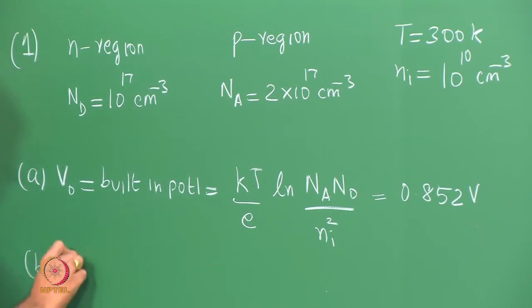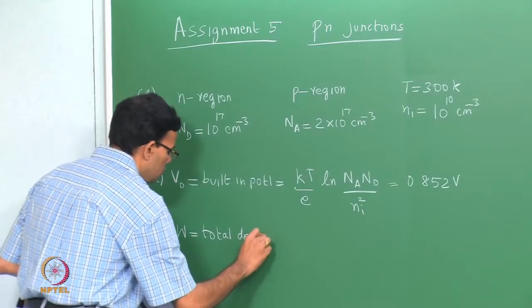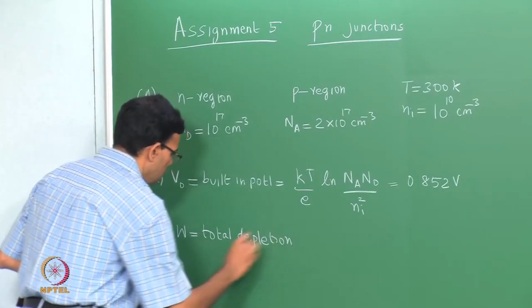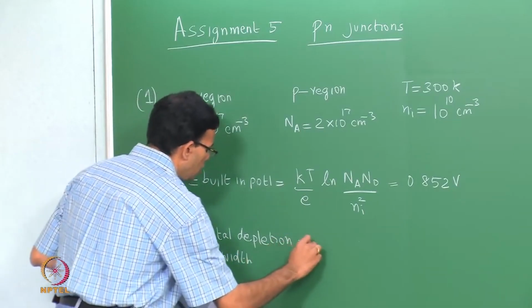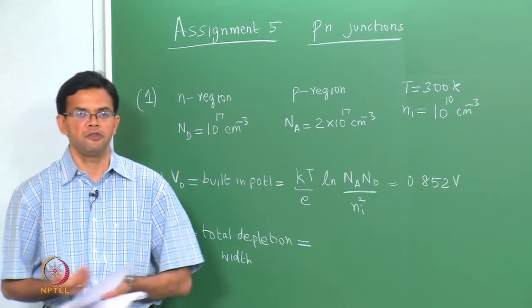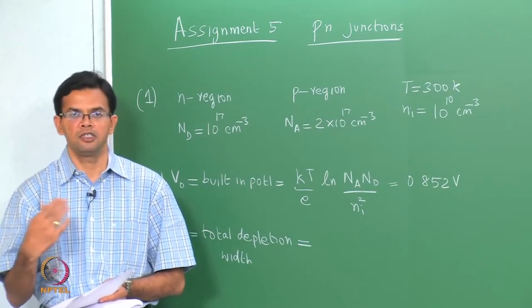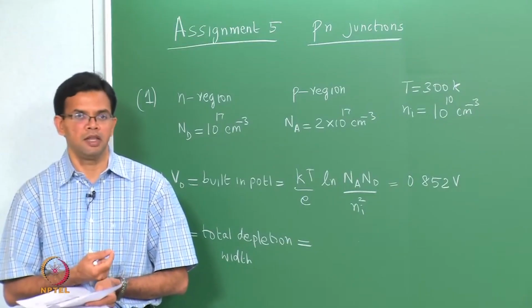In part B, we want to calculate the total depletion width. Let me call that W. That is the total depletion width. The depletion width again forms because you have electrons and holes moving across the junction and recombining.